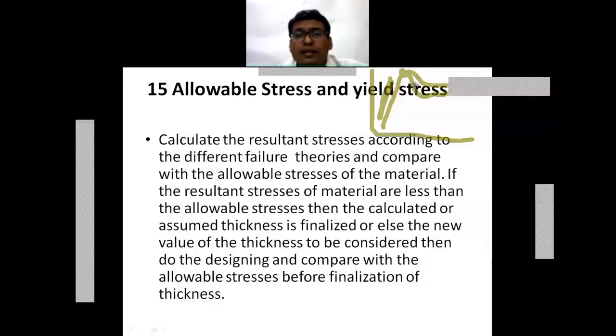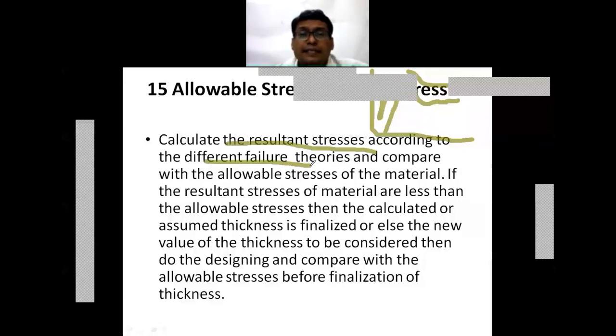Then calculate the resultant stresses according to the different failure theories. So one must know the different theories by which the stresses can be taken into consideration. So the different theories of failure we will be discussing in subsequent classes.